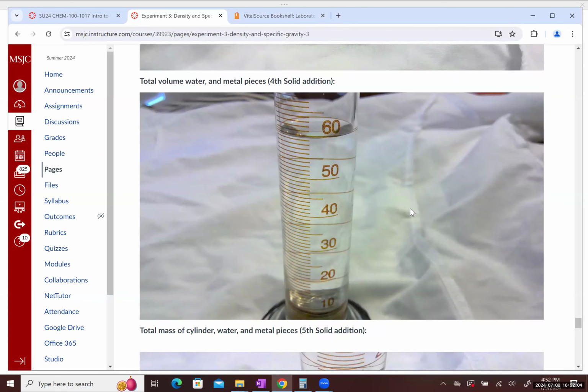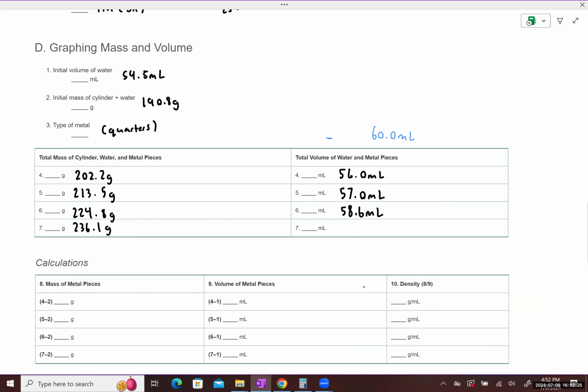In this case, we are pretty much right on the line for 60 milliliters. So I'd record this as 60.0 milliliters. Perfect. So let's transfer that data onto our report sheet.